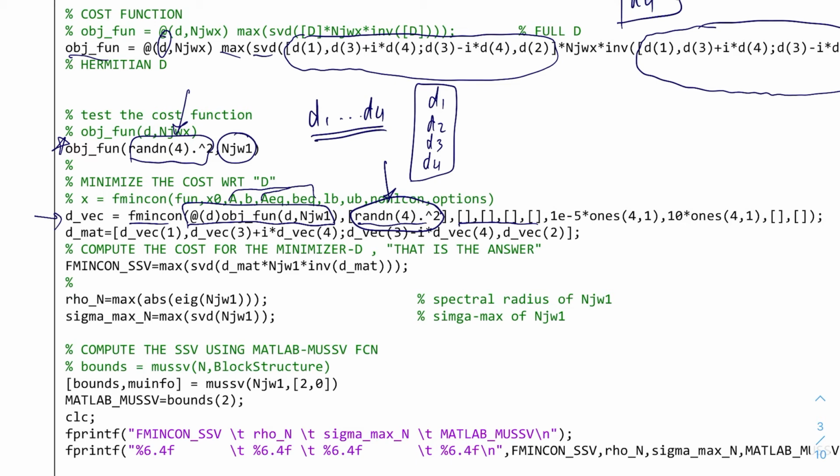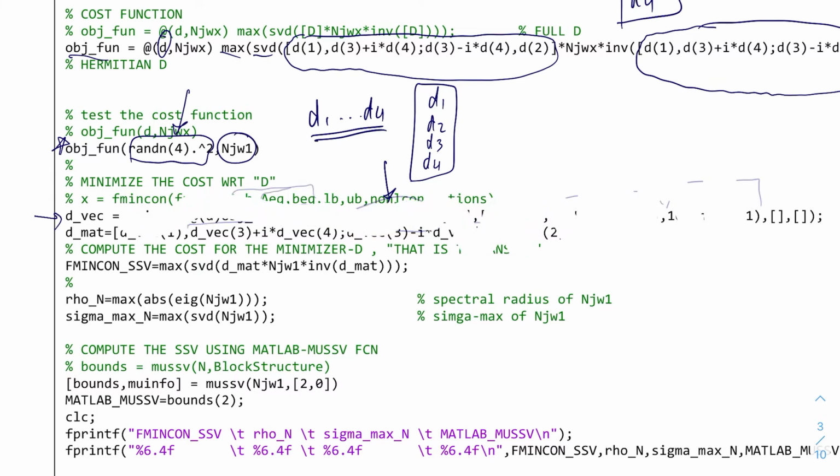Now I'm looking at this. This is the lowest value, this is the upper value of our D that we impose. Since we have 4 D's, this is 4 and this is 4, and that's the change compared to the previous problem.